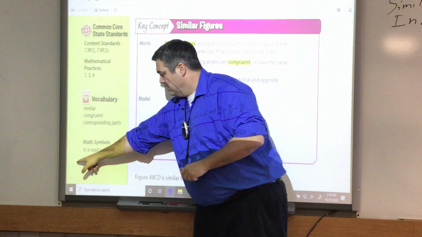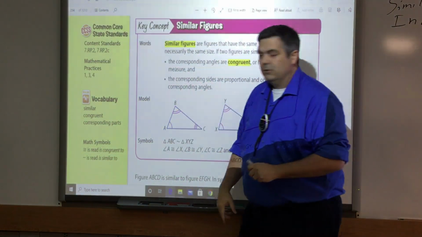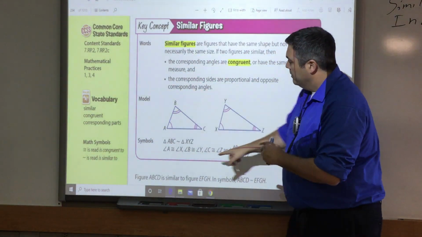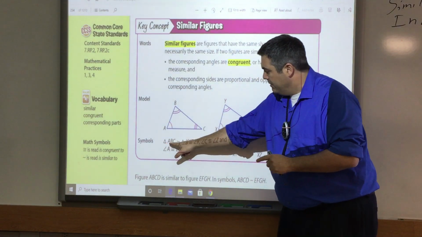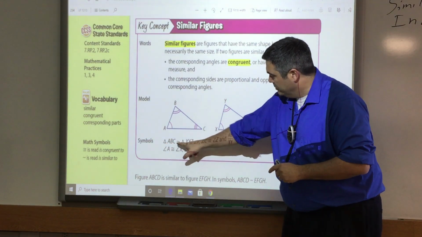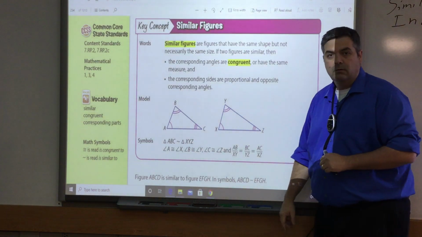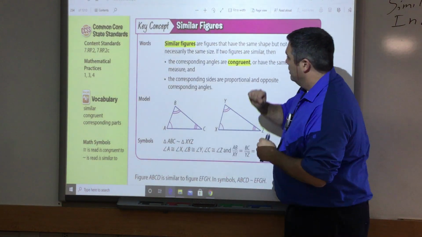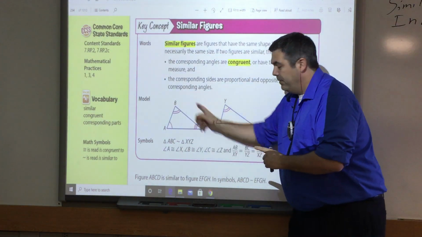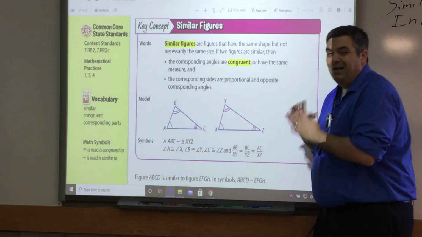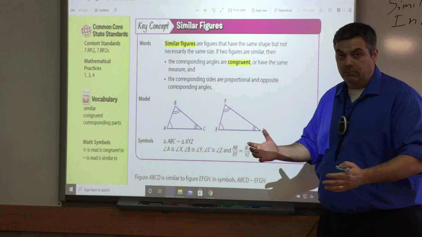Okay, so this little squiggly line is read as similar to. So here, triangle ABC is similar to triangle XYZ. What they said is, these are the same shape, but not necessarily the same size. That's similar.